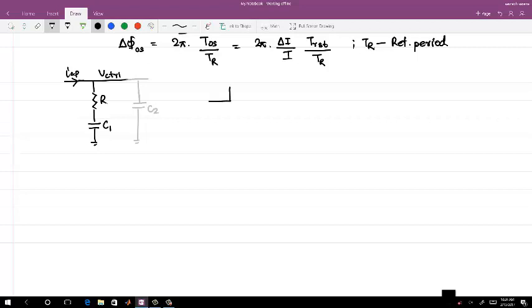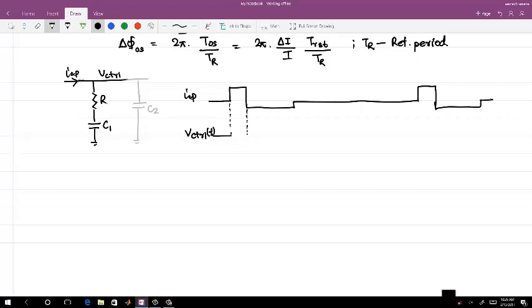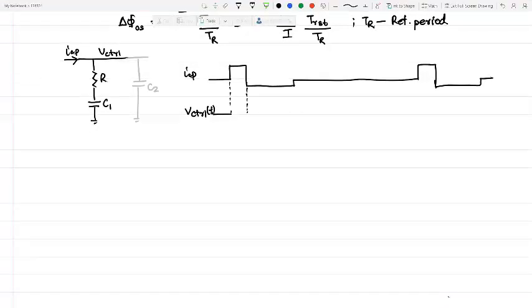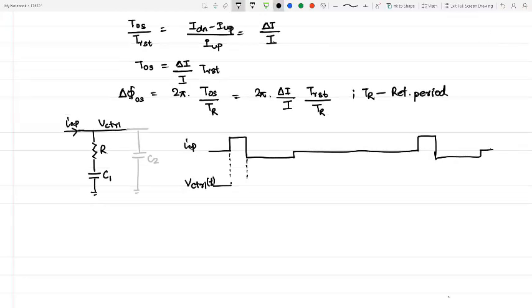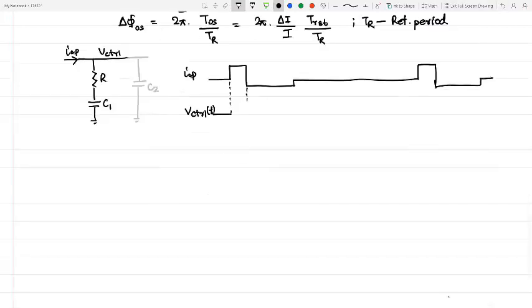So this one is ICP. In response to ICP, when you only have a single resistor and the capacitor, what should V control be as a function of time if ICP is of this profile?